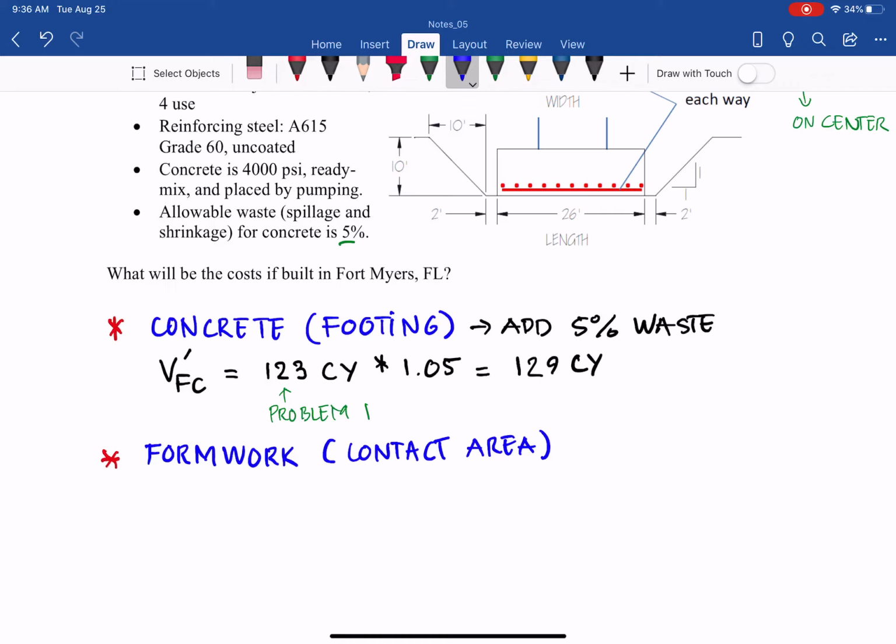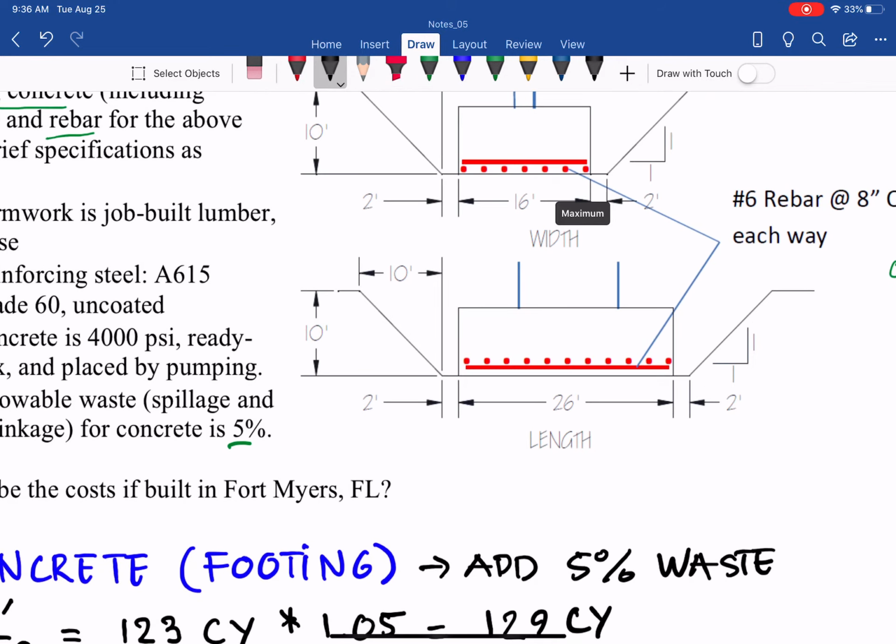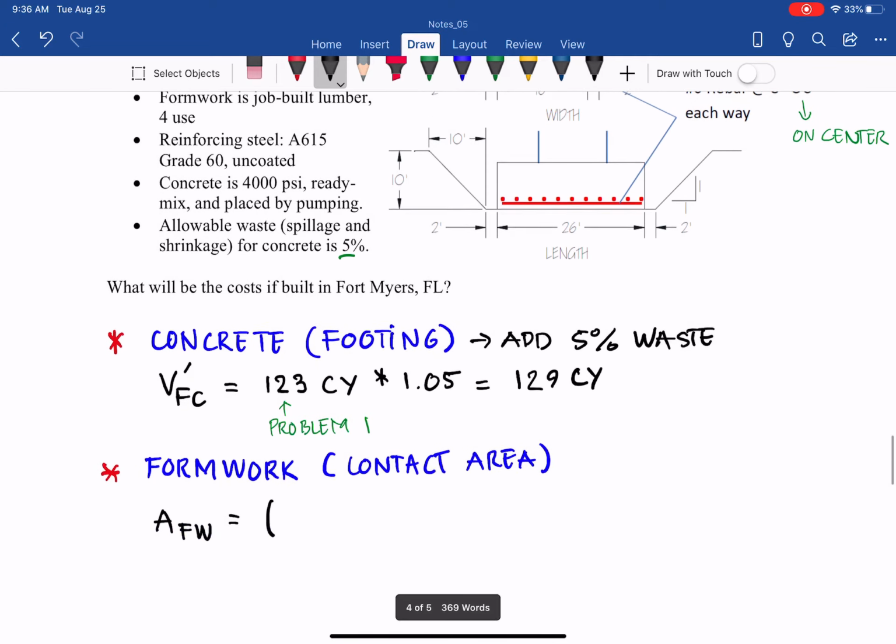As I mentioned, the formwork contact area is equal to the perimeter times the height. The perimeter for the footing is a rectangle, so it will be 16 on one side and 26 on the other side for the concrete footing.